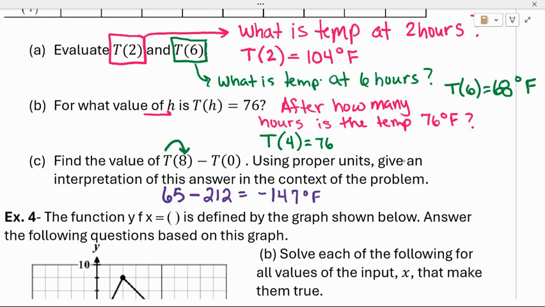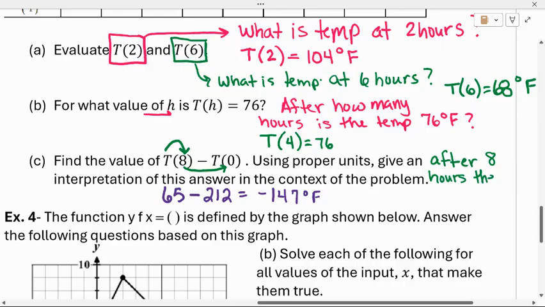problem. So that just means how many hours have passed? How many hours have passed from 8 to 0? Like how, when I first started, time 0 to 8 hours, it's just 8 hours. So here's what it means. After 8 hours, the temp, is it, because it's negative, what does that mean about the temperature? Is it going up or is it going down? Because our final answer is negative, is the temperature going up or going down, Owen?